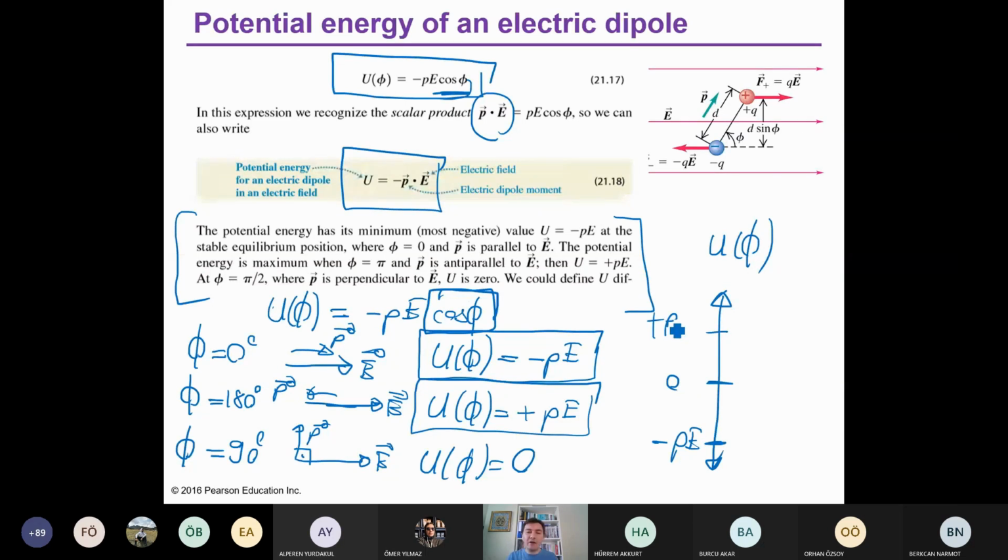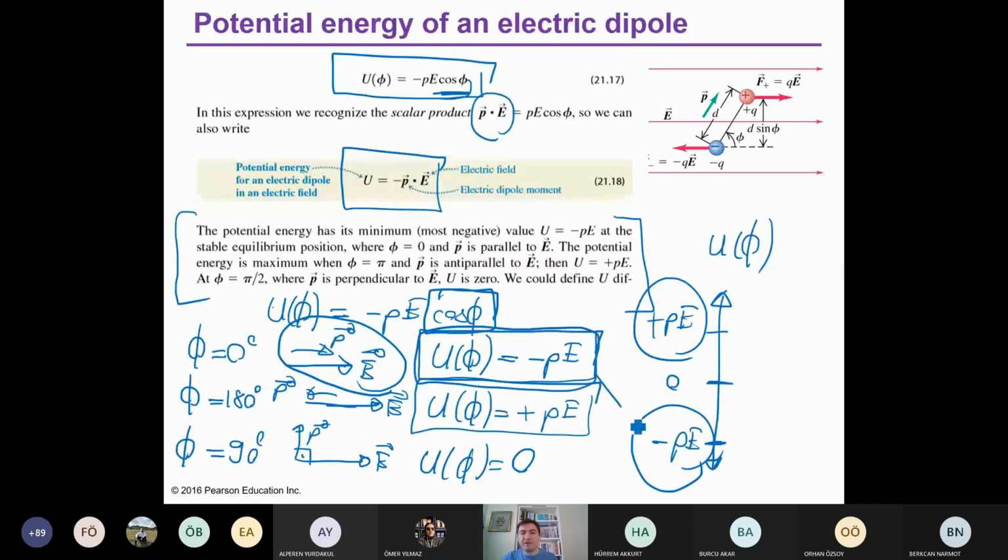We learned in Physics 1 that systems prefer minimum energy, okay? If the electric field and electric dipole are along the same direction, the electric dipole would like to be along the electric field because in that condition energy is minimum.